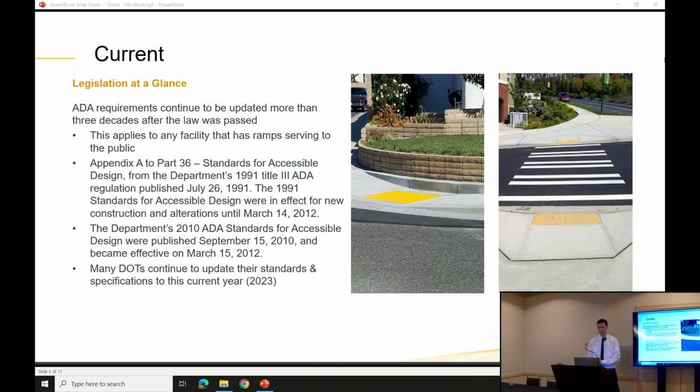And like I said, the Americans with Disability Act requirements continue to be updated more than 3 decades after the law was passed, with mandates still in place to make public areas accessible to wheelchairs, walkers, motorized scooters, and so on. As previously mentioned, these standards were originally developed in 1991, and they're continuing.